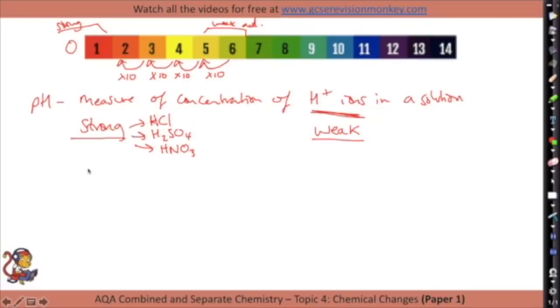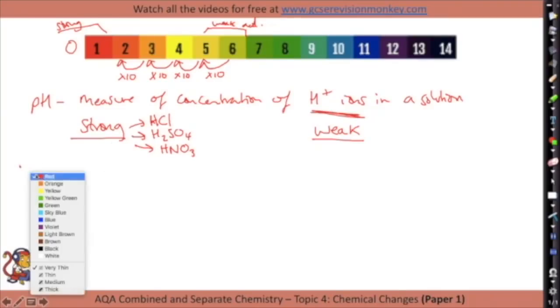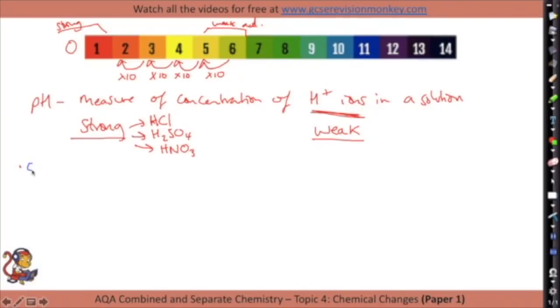When they dissolve in solution, strong acids completely ionize in water. What ionizing means in this case is they completely break down into their ions. For example, hydrochloric acid would completely ionize into H+ ions and chloride ions when it is dissolved in water.